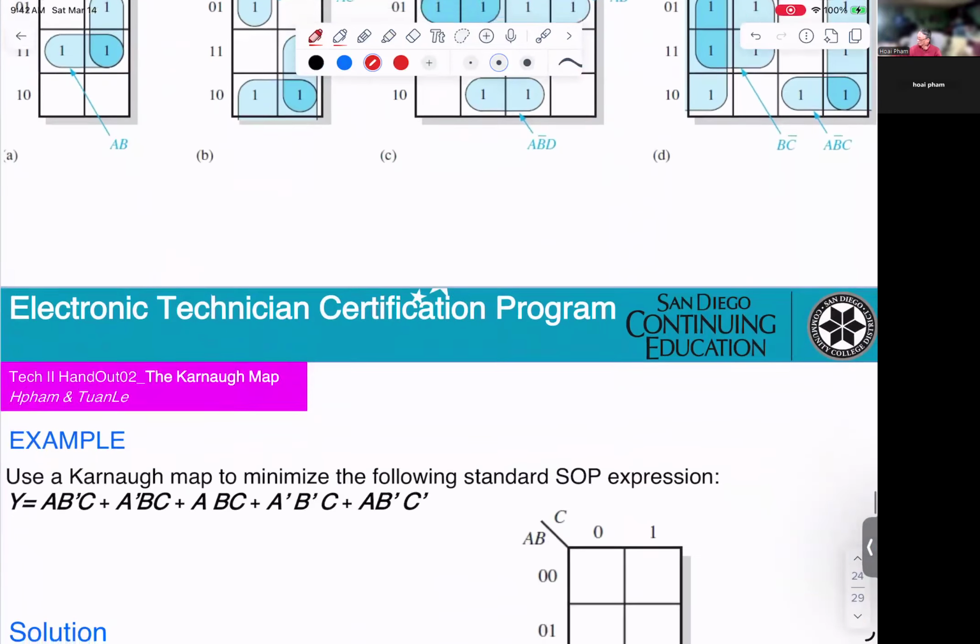A, not B, not C. Here. The last one. A, B, not. A, B, not C, not. Here. Okay. Let's see. A, B, not C. Correct.